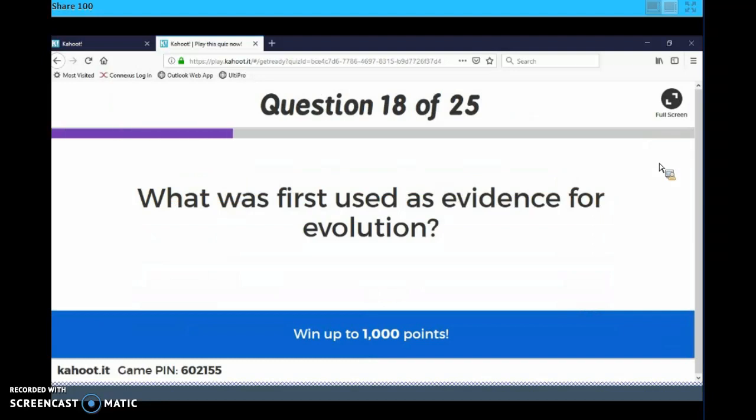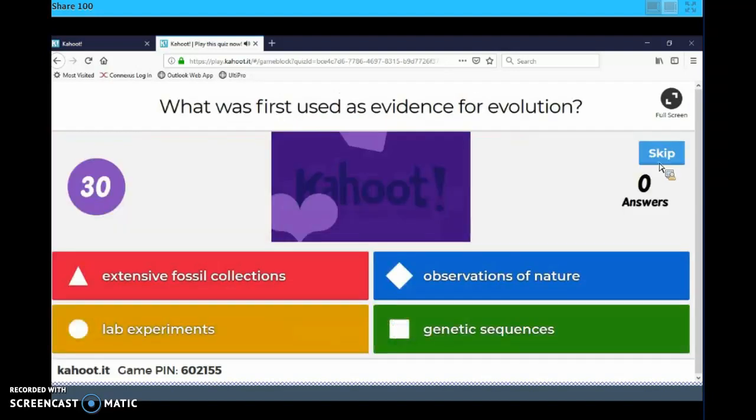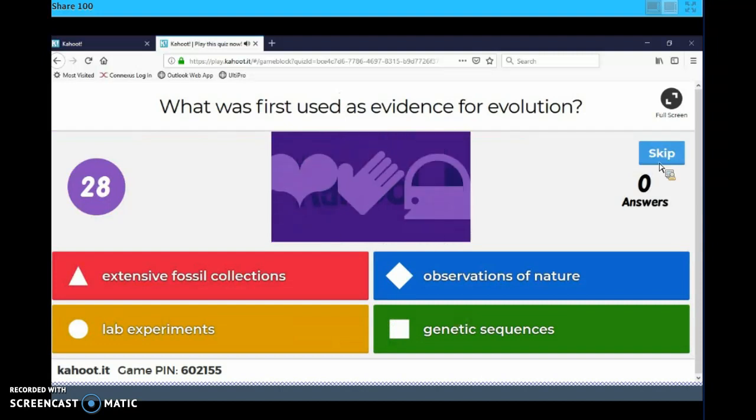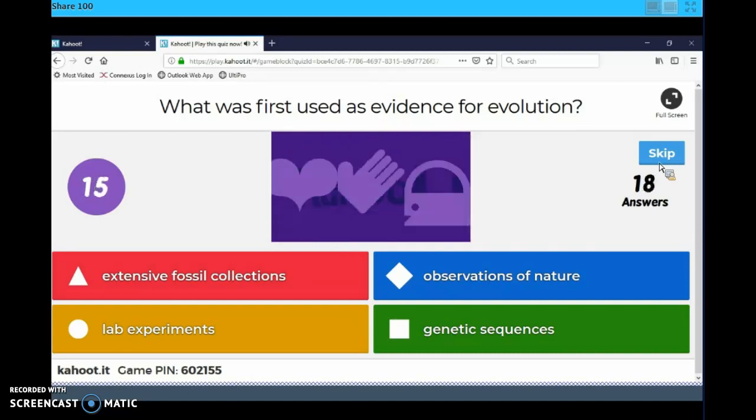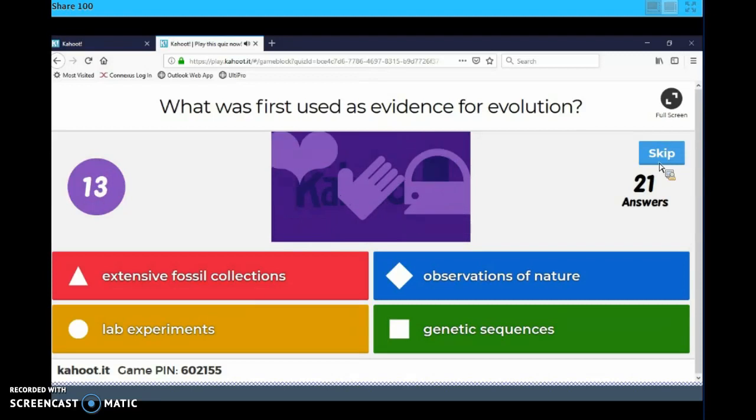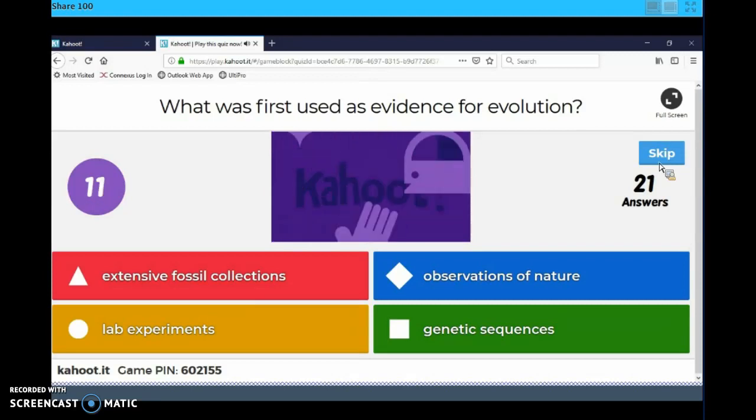What was first used as evidence for evolution? So a long time ago, when we didn't know about DNA yet, what was the first thing that was used as evidence for evolution? And basically, lots more evidence has been found since then.